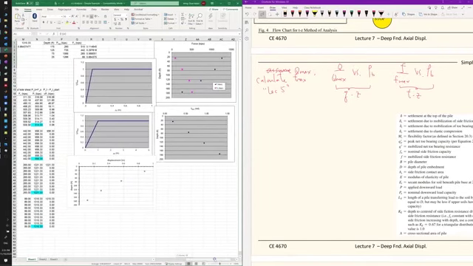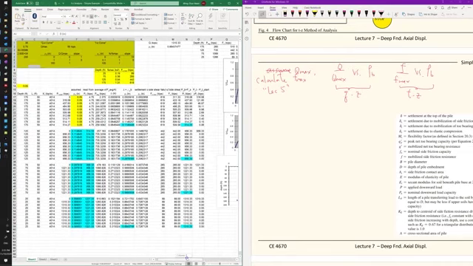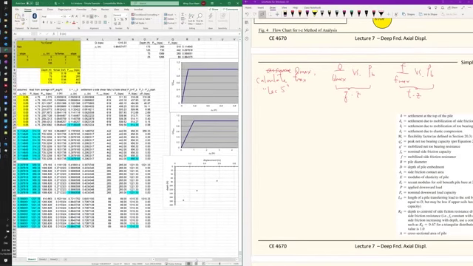In this example, we try to break down our pile into 4 segments. The whole pile is 200 feet long, so you break it down into every 50 feet.